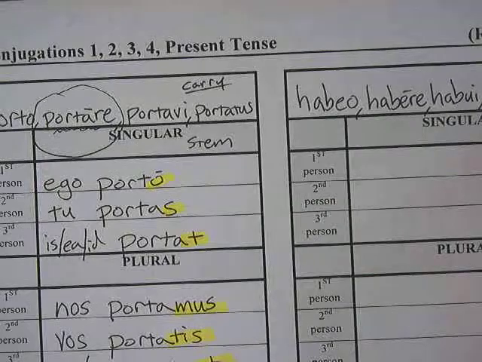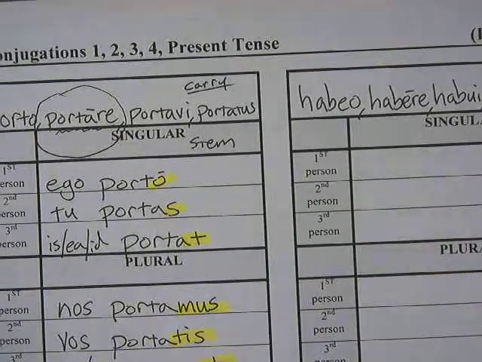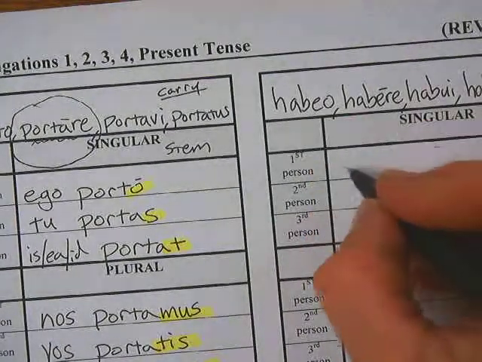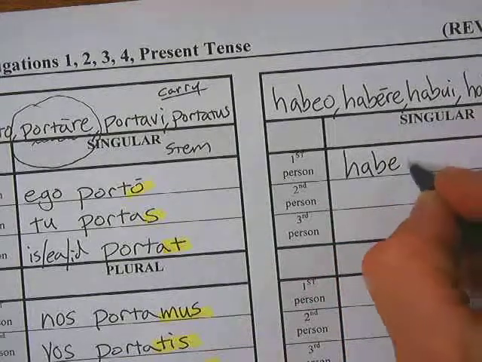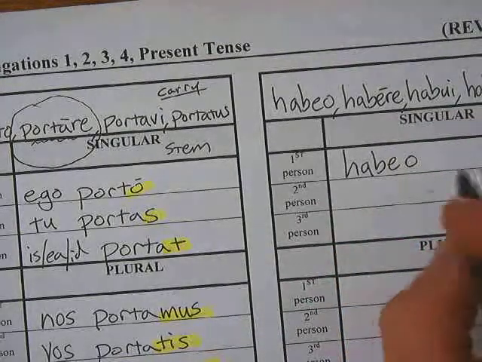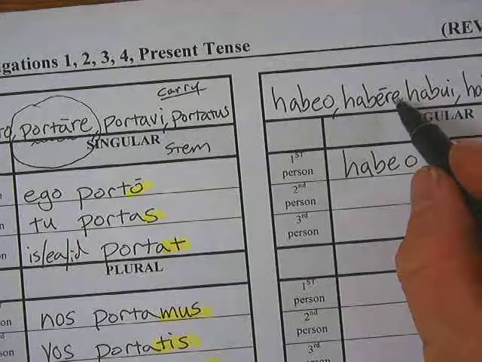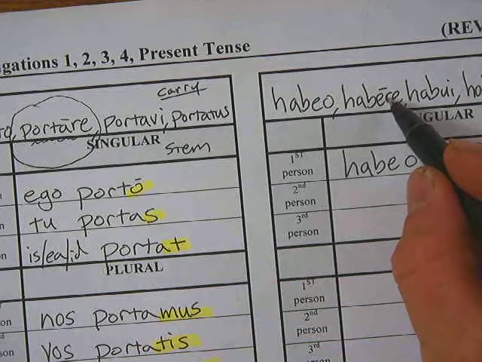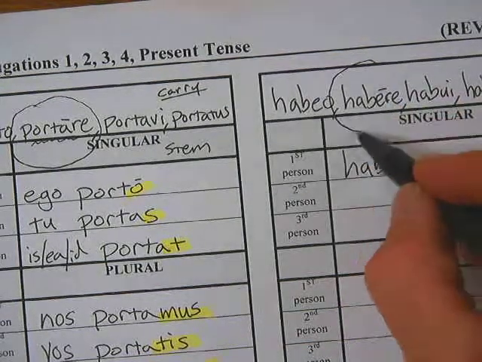Habui is the perfect tense. And habitus. That means to have. And so habeo is going to be right there. That's ego habeo. I'm not going to put the ego this time.